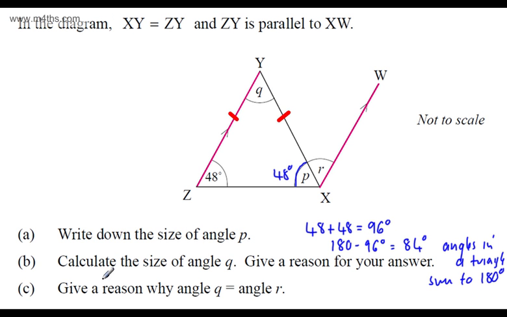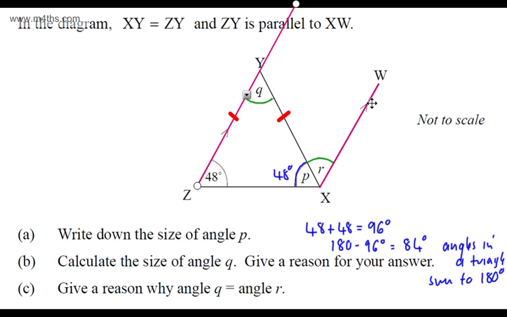Okay, give a reason why angle Q is equal to angle R. So what we have here is the following. Let's just change the colour to make it nice and easy to see. We've got angle Q, and we've got angle R. These are alternate angles. If I just extend now the pink line here, what we've got is parallel lines.